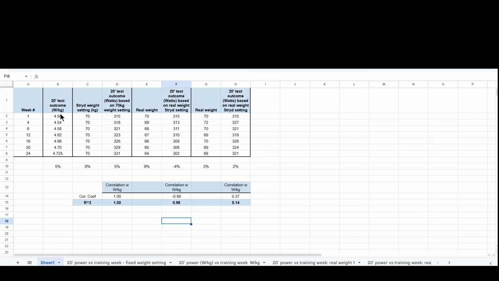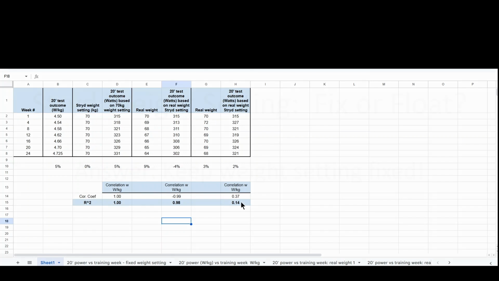Remember that here watts per kilogram are increasing over the sequence of tests, while watts is declining. So this is actually an inverse relationship, not good. And even further, we go to this one where the person is hovering within an ideal range, but bouncing around a little bit because they're allowing their real weight to float and change for each test session. Correlation between watts and what really happened, the watts per kilogram, is very low.